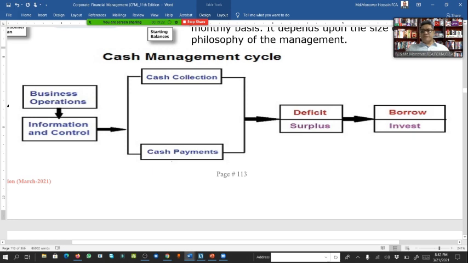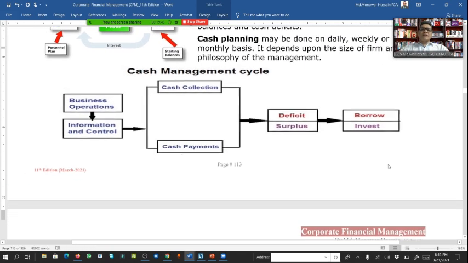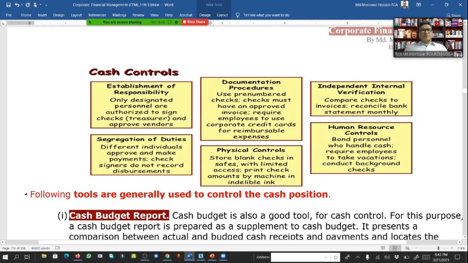That means we have to find funds from other sources, banks or other institutions or other ways. If surplus cash, then we have to invest this in the proper way, because all funds have a cost.